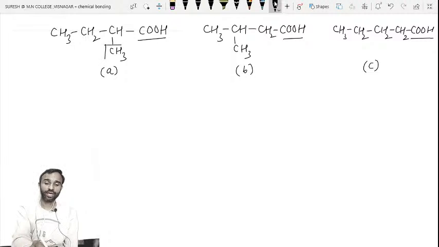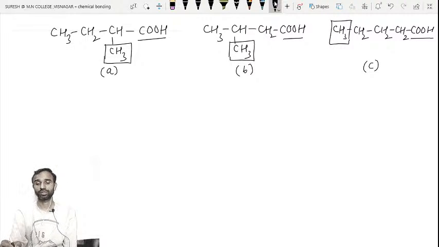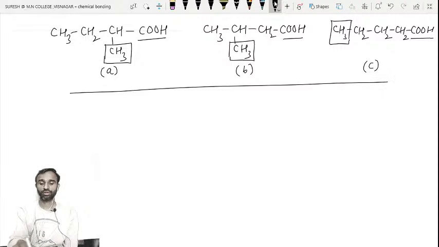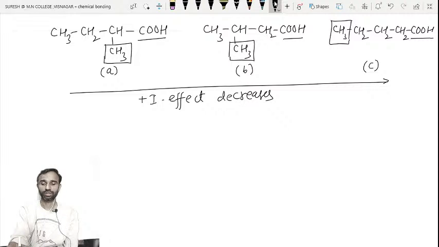Say the methyl group is closest to the COOH; here it is away from COOH, furthest from COOH. Keep in mind, as we go in this series, plus I effect decreases, because as distance from COOH increases, the effect decreases.